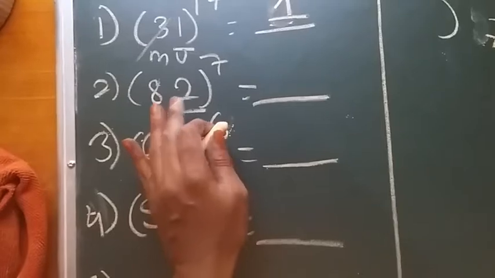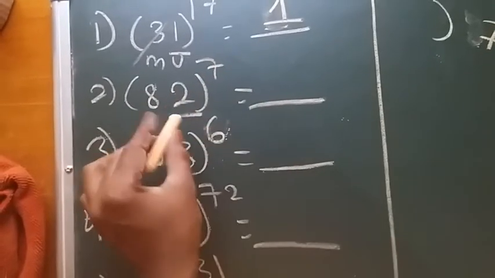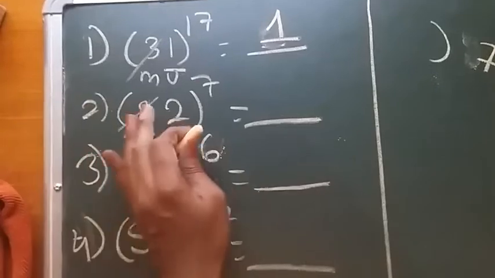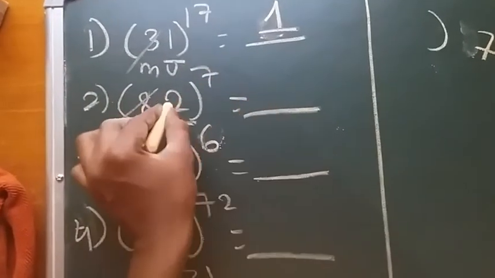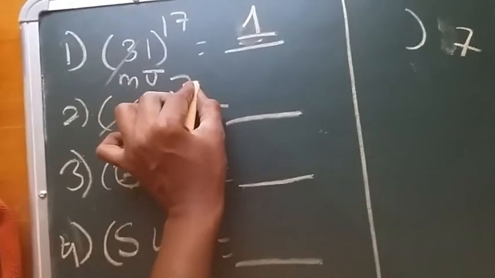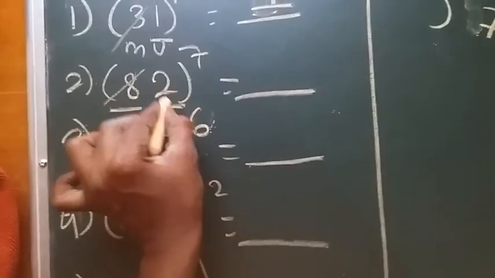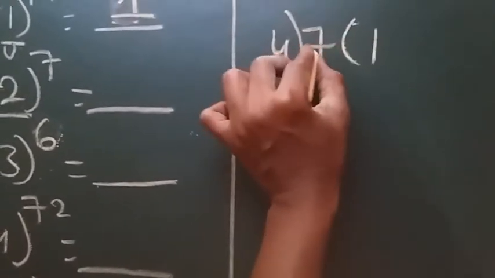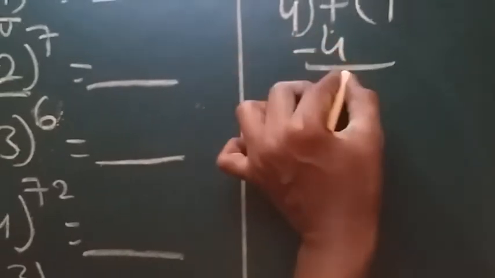See the next one, 32 whole power 7. Here the units place is 2 and m is 8. Forget about m. Please concentrate on only u. Here u is 2 and the power is 7. Whenever the units place is 2, please divide the power by 4. 4 ones are 4, 7 minus 4 is 3.